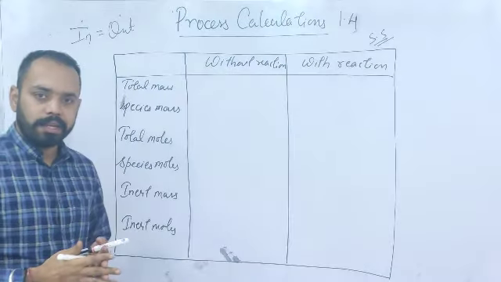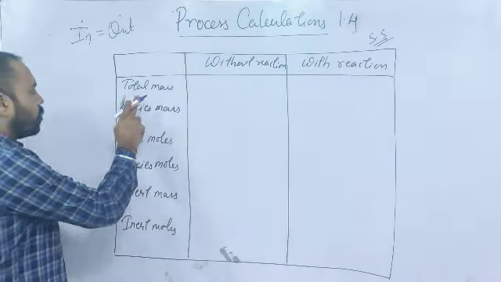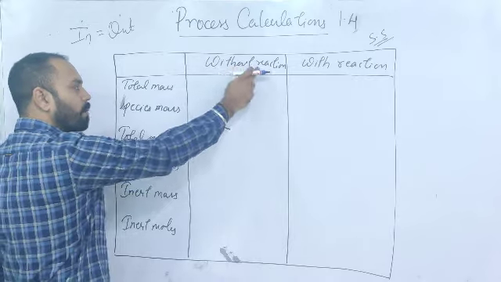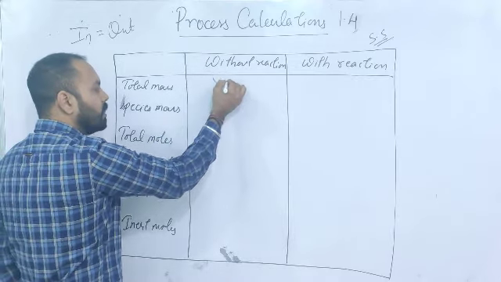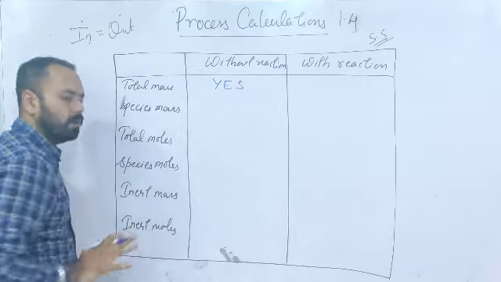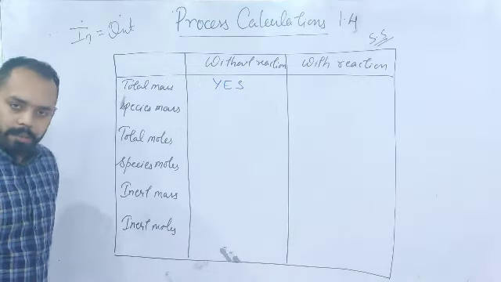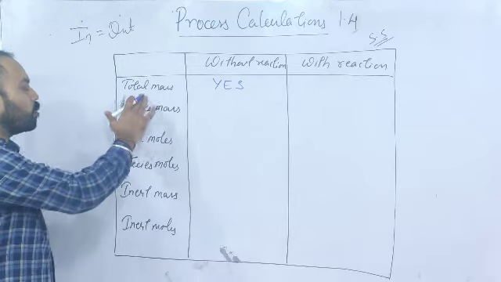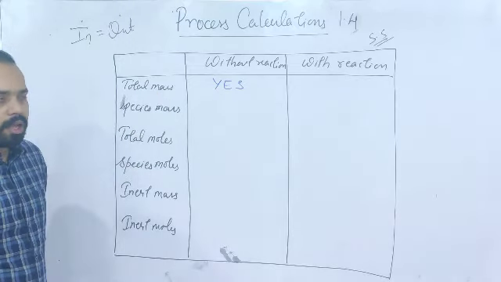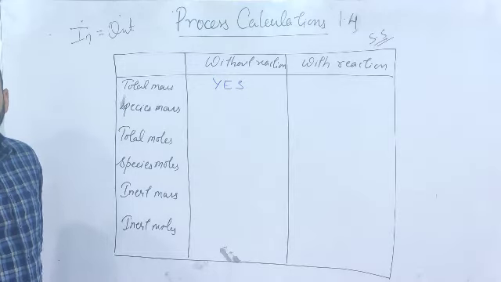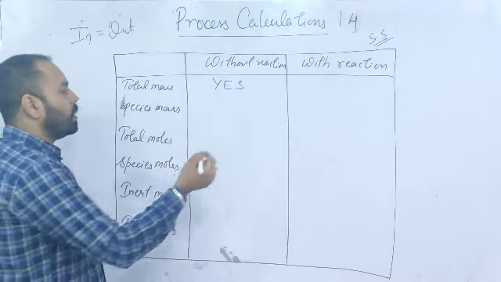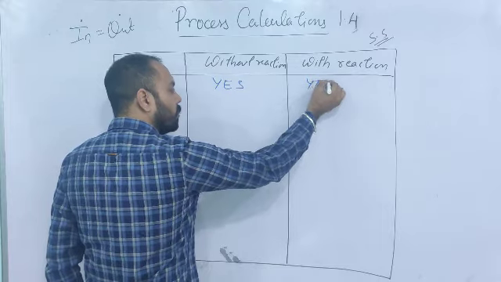I hope you have completed the table. Now, for the total mass, when there was no chemical reaction, we have already done this section. Definitely, you'll say that yes, this equation is valid here. Now, when there is a chemical reaction and you want to write total mass balance at steady state, I have just explained with the help of that example, N2 plus 3H2 gives 2NH3, that yes, this is also valid.